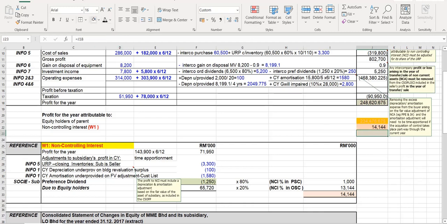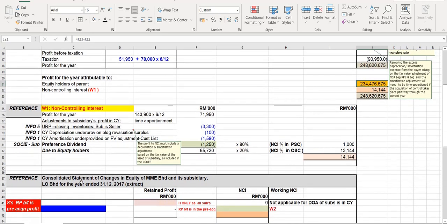And therefore, the one attributable to the parent would be the difference between the figure 248 million 620 and 675,000. Here, the one here should be the difference, and that difference would be the amount attributable to the parent.